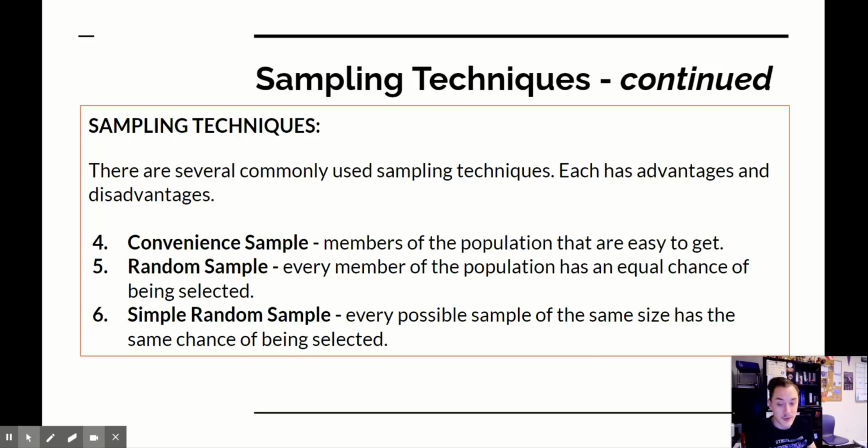Okay, it's very difficult to get a simple random sampling technique because it's just not possible that every possible sample of the same size has the same chance of being selected. Okay, that's just not true. But more than likely, what we're going to be doing is a random sample, where every member of the population has an equal chance, okay, of being selected.